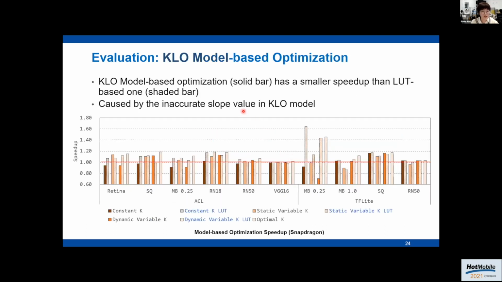In this slide, the speedup of the Clo model is shown and compared with that of the LUT-based one. The speedup of the Clo model is smaller than that of the LUT-based one due to the inaccurate slope value in the Clo model caused by measurement errors.